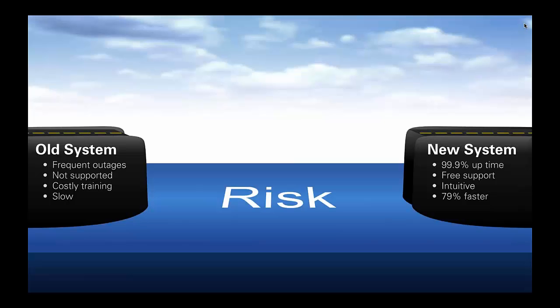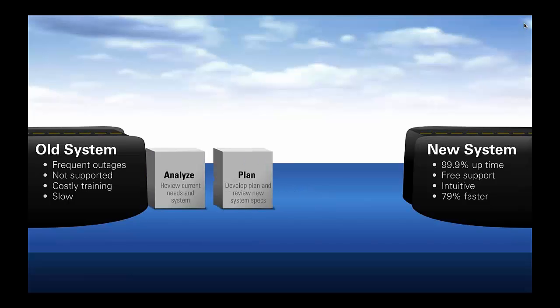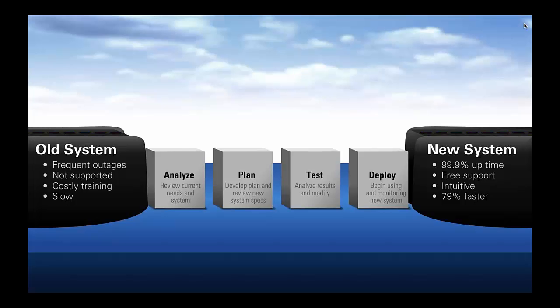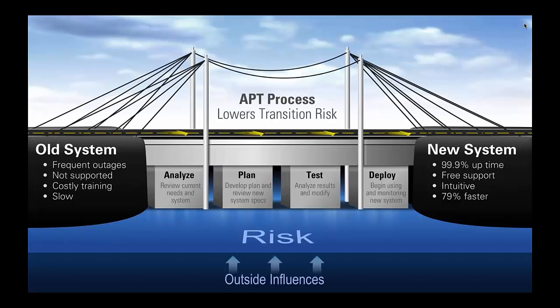If we don't bridge the gap effectively, we run the risk of failing to migrate to the new system. In order to bridge that gap, we need to analyze, plan, test, and deploy. And if we do that properly, we lower the transition risk.